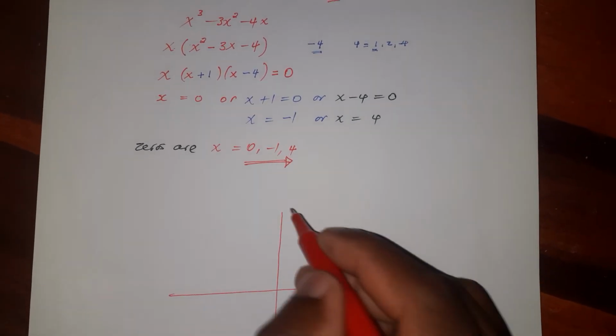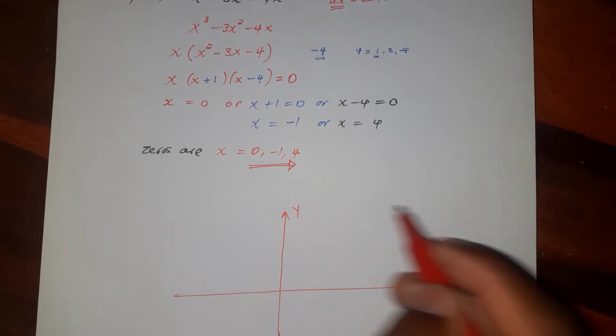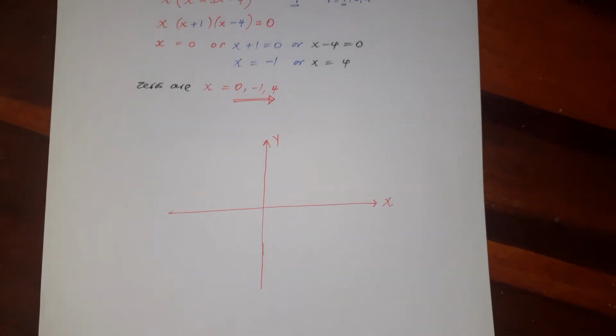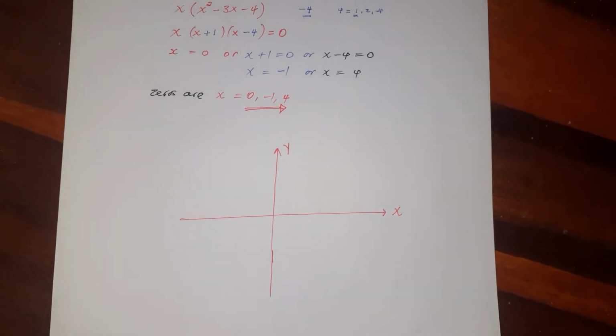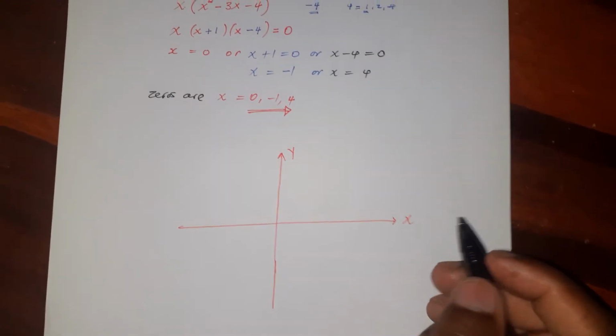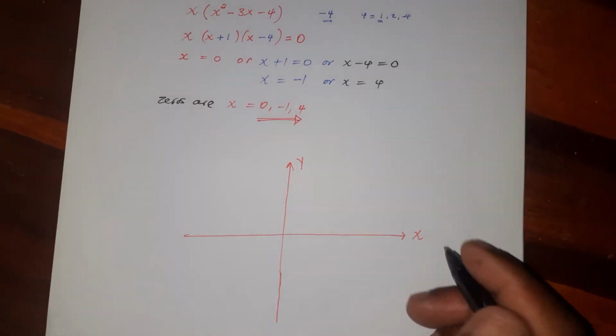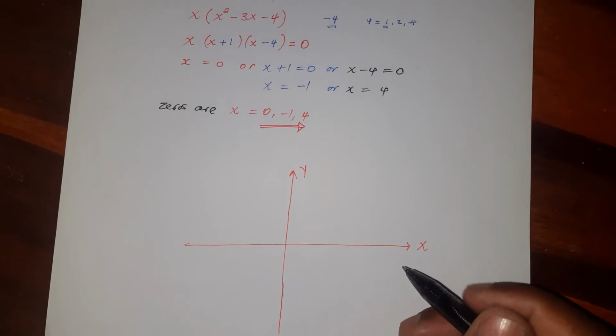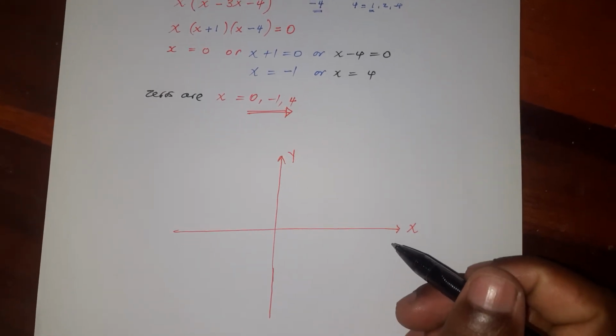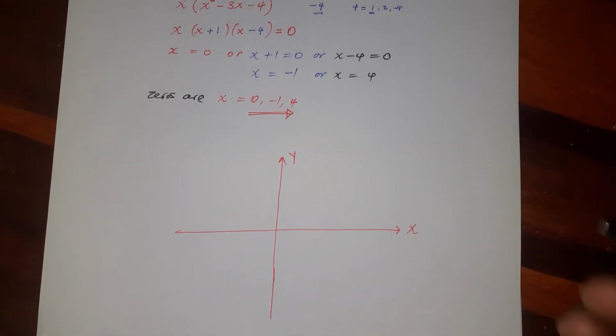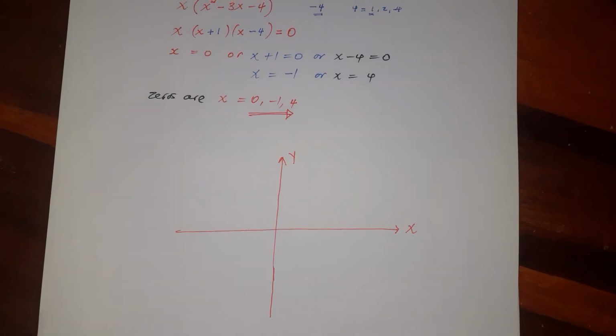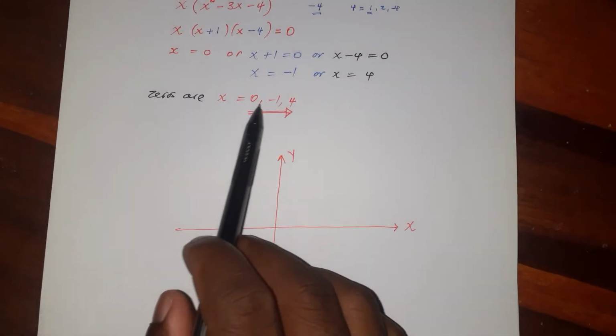This is our x and this is our y. Now pay attention here carefully. We are sketching, we are not drawing. Sketching means we have to show only the important points. In our case, we want to show these zeros.